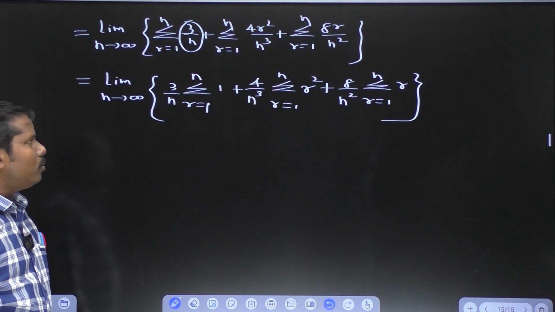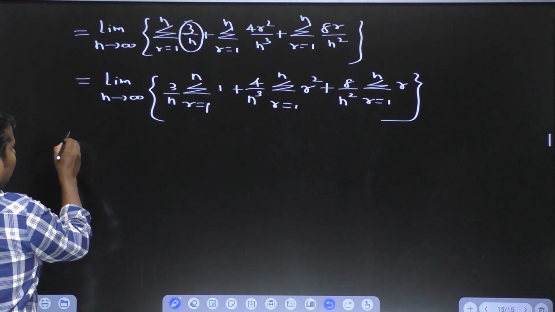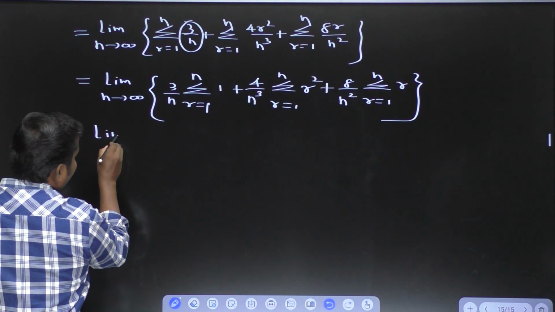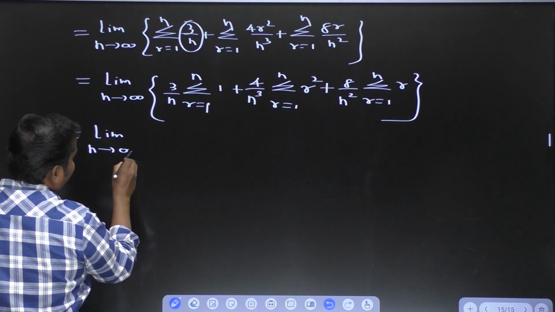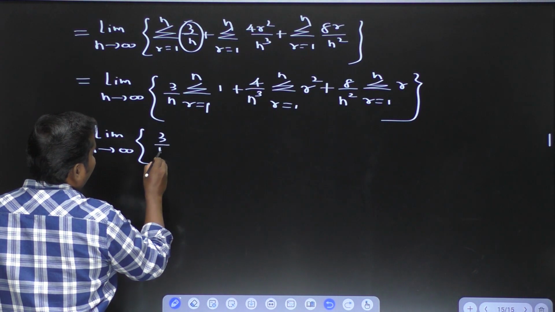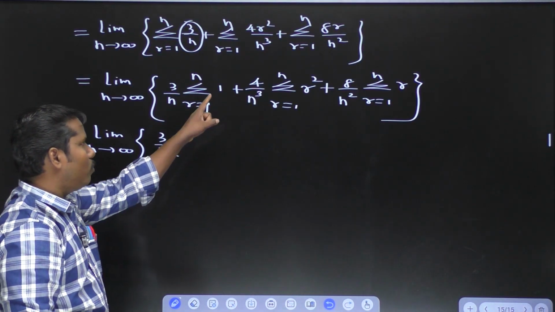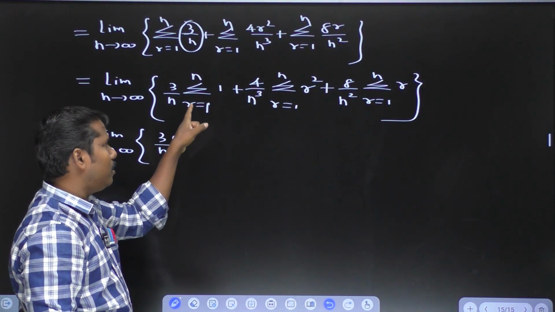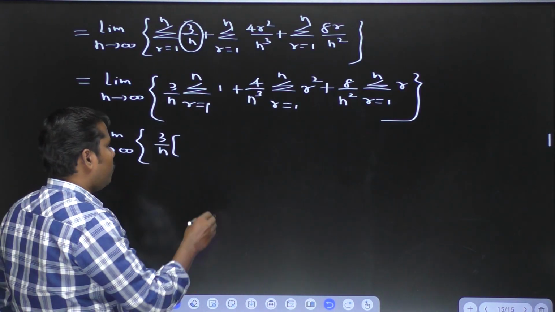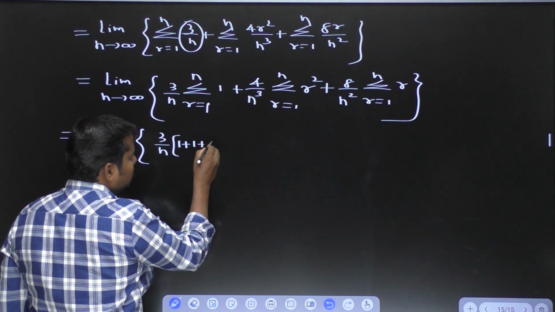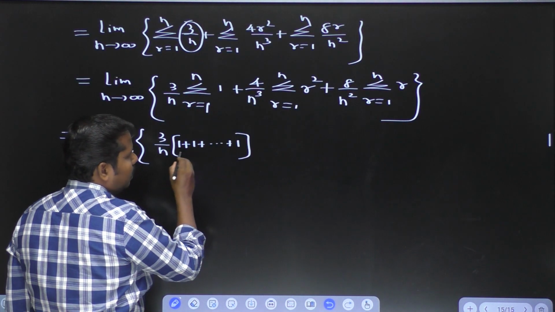Okay, what is the next step we have to do? We need to go for the expansion. Let us expand. Limit n tending to infinity, 3 by n into, students, here 1 is a constant, it is independent of r, so 1 will come up, so 1 plus etc. How many ones?